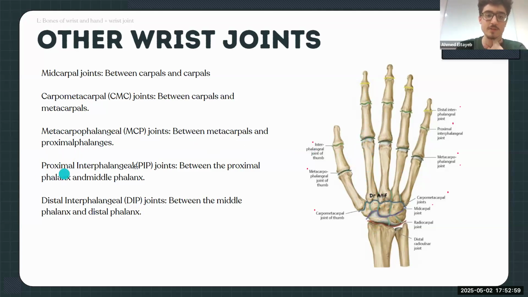And then we have the proximal interphalangeal joint, which is between the proximal and the middle phalanxes. And then we have the distal interphalangeal joint, which is between the middle and the distal phalanges. And for the thumb, you don't really have PIP and DIP, you just have an interphalangeal joint.